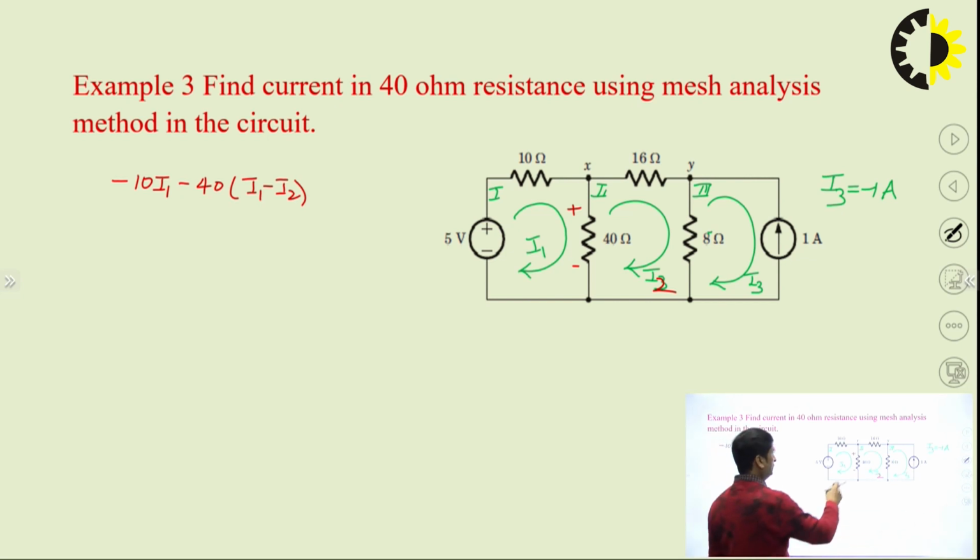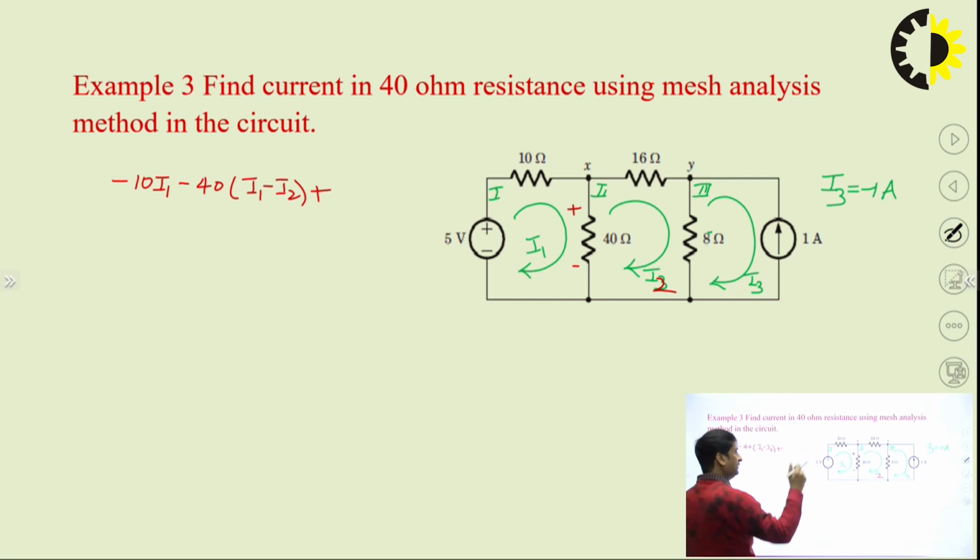Okay, now this is minus, high to low potential, low to high potential, that is minus to plus, that is voltage rise, so plus 5 equal to 0. So 10 minus 10 I1 minus 40 I1 plus 40 I2 plus 5 is equal to 0.